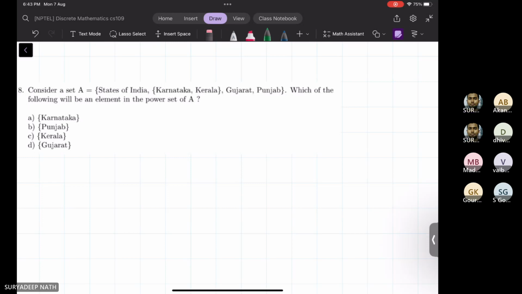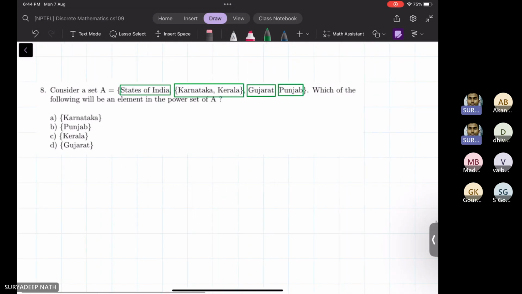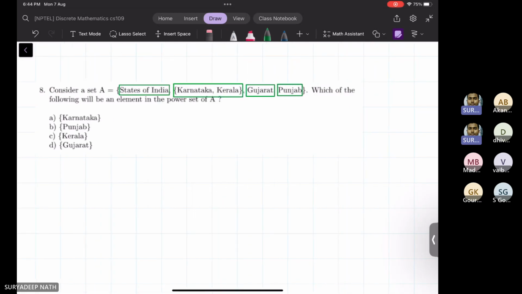You have states of India. This is one element. Another element contains a set which has only two states, Karnataka and Kerala. Next, we have Gujarat and we have Punjab. Now, which of the following will be an element in the power set of A?